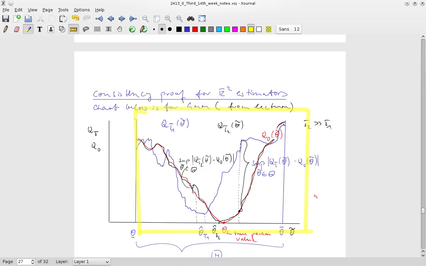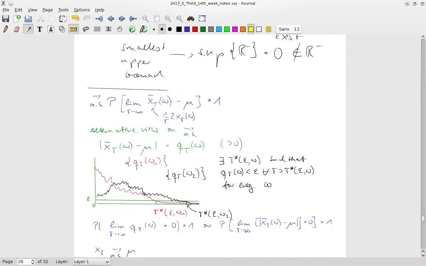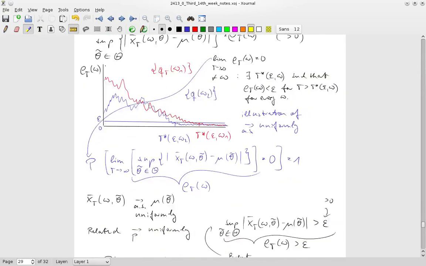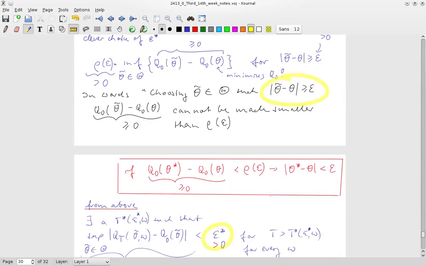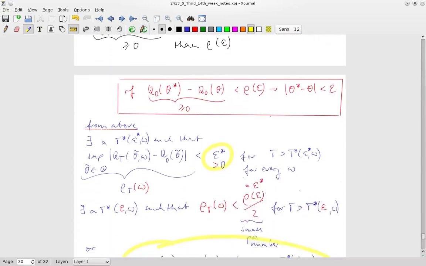And then we could argue that, okay, sample means have a tendency to converge to expectation counterparts, and maybe we can exploit that fact to establish this convergence of the Qt function to the Q naught function. And as a matter of fact, this is precisely what people are doing in order to specialize this consistency proof to GMM.